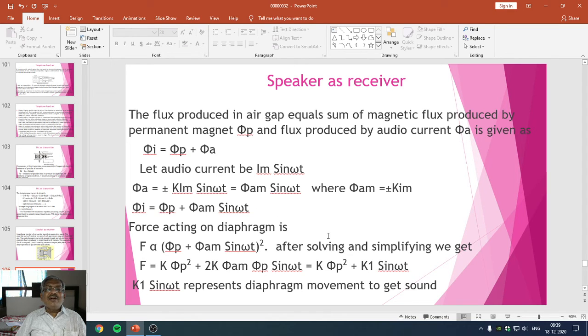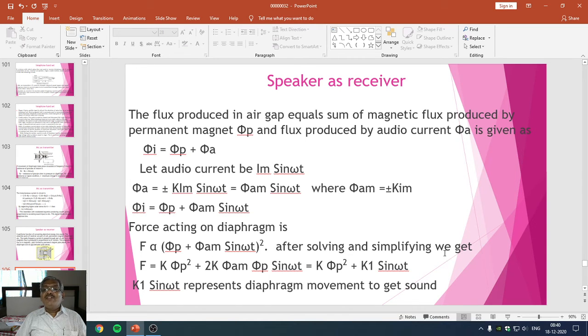The force acting on the diaphragm due to this total magnetic flux is given as F proportional to the square of phi i, the instantaneous flux. That is, F proportional to (phi p plus phi Am sine omega t) squared. This force will be incident on the diaphragm of the speaker.